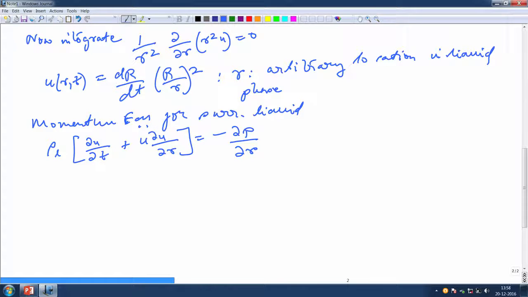If you substitute this u, where r is any arbitrary location as we said, let us see what we get. This has been integrated, as you know, and at the surface the velocity is this.